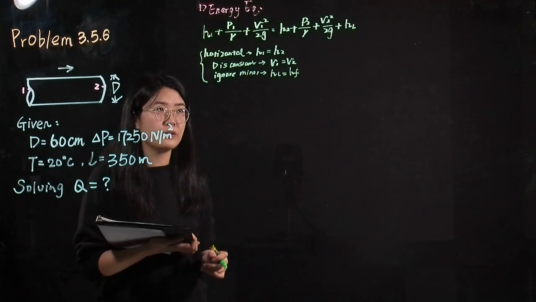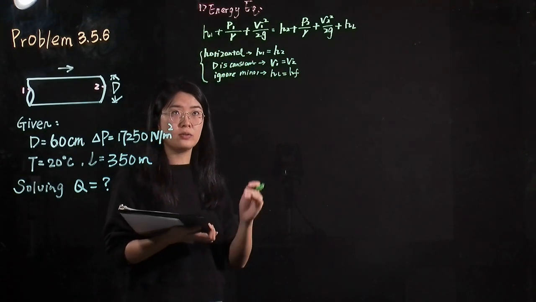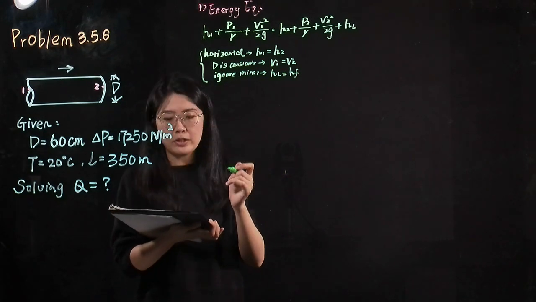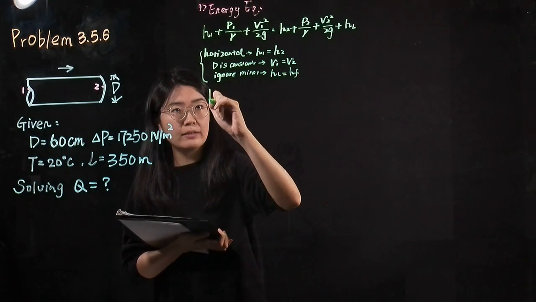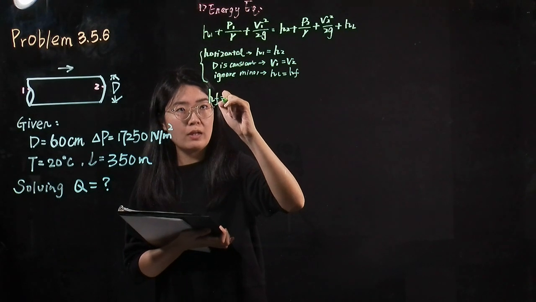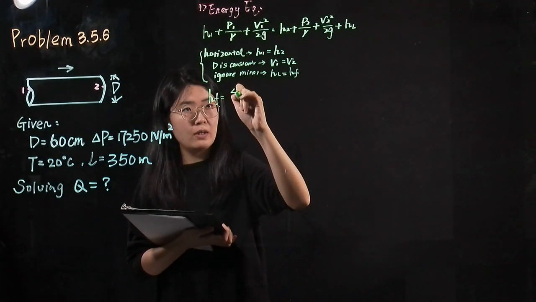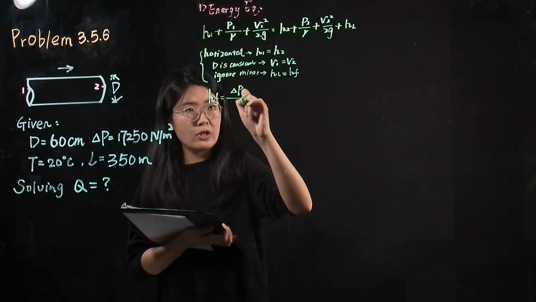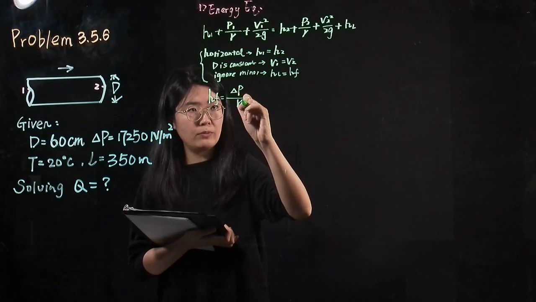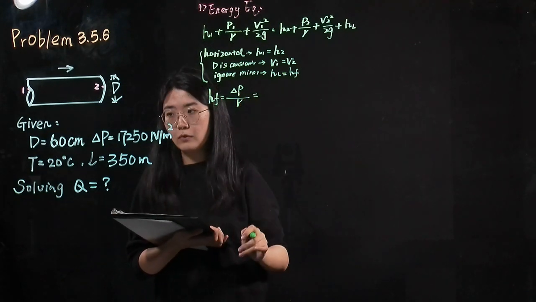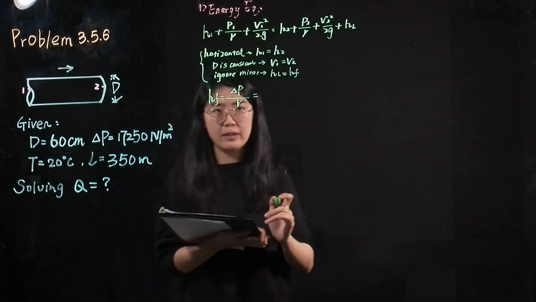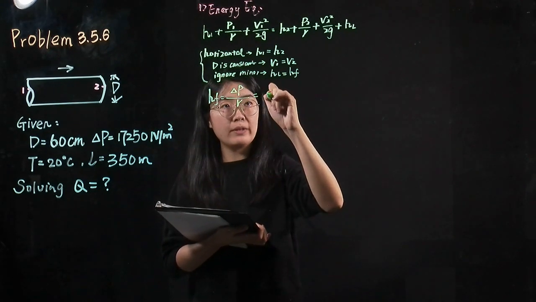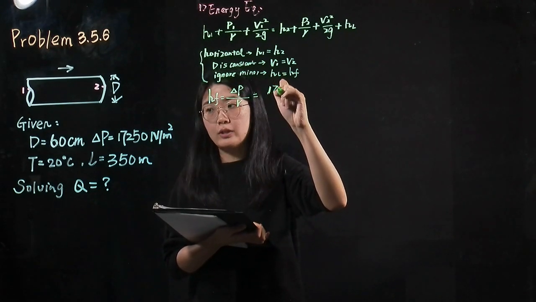If we bring these three equations into the energy equation, we get that the friction loss is equal to the pressure drop over the specific weight of water. We know the value of delta P, so we can bring the value into that equation.